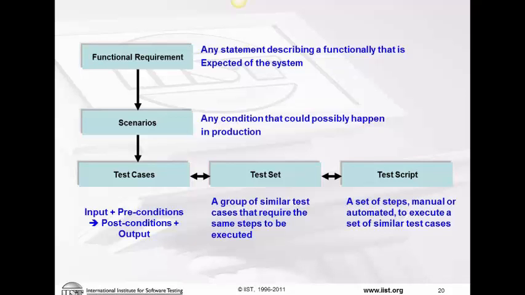So I might just put all those 50 test cases into one test set, and I call it the order cancellation test set. And I write one script to be repeated 50 times. Every time I repeat it, it executes one of the test cases that are within the test set.